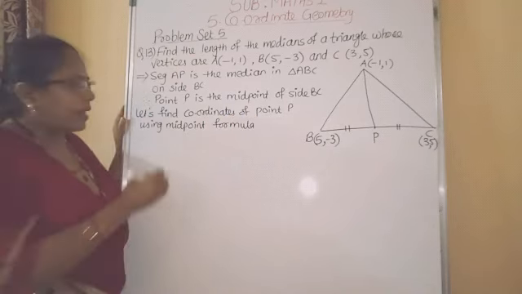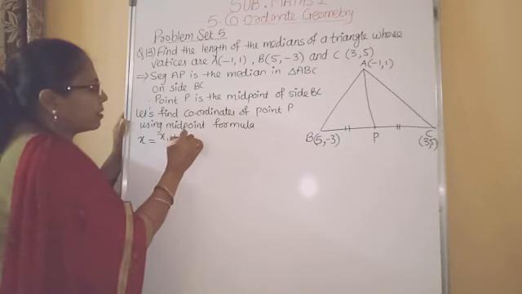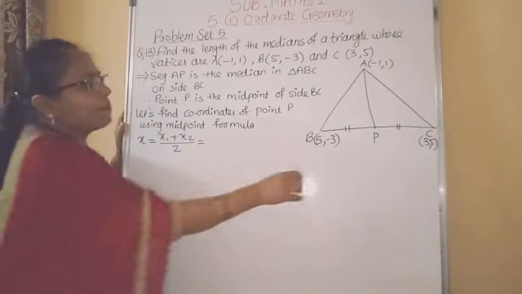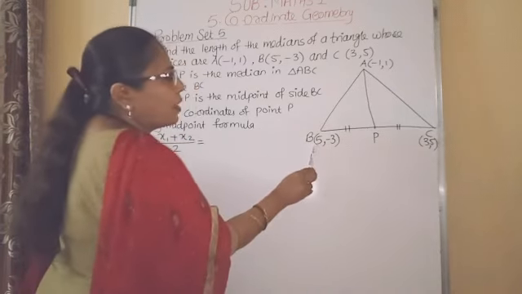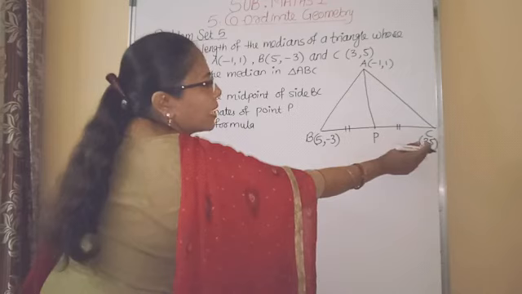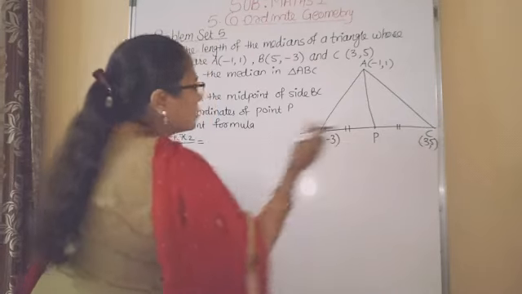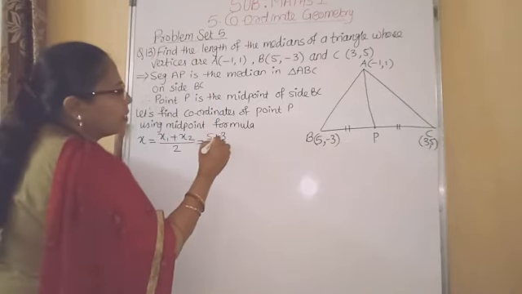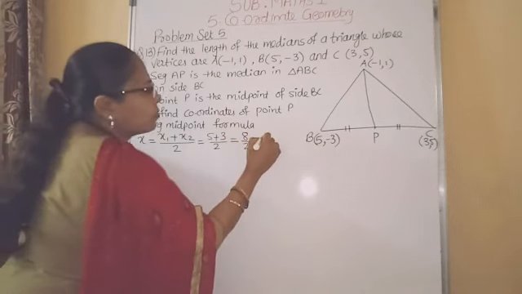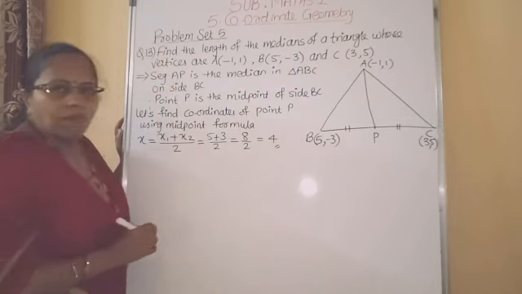So using midpoint formula, x coordinate we can find out by formula (x1 plus x2) upon 2 equal to, now here P is the midpoint of BC. So coordinates of B we will assume x1, y1. Okay. And these coordinates we will assume x2, y2. So x1 plus x2 means 5 plus 3 upon 2. 5 plus 3, 8. 8 upon 2 we will get answer 4. So x coordinate of point P is 4.